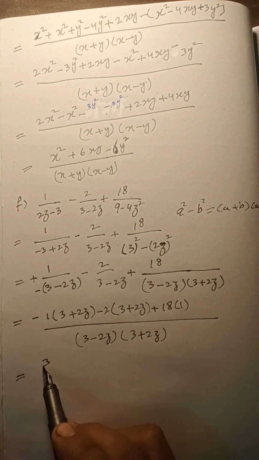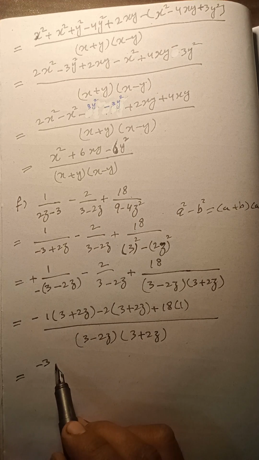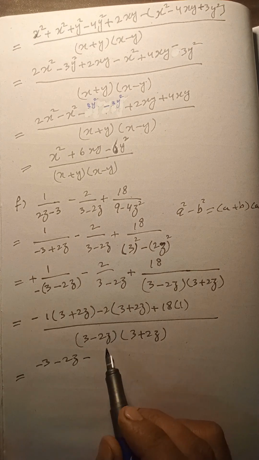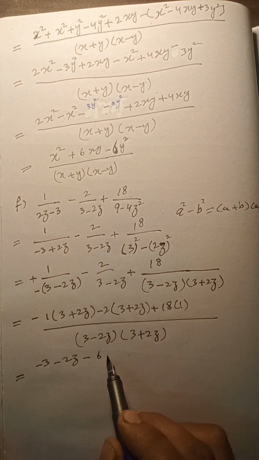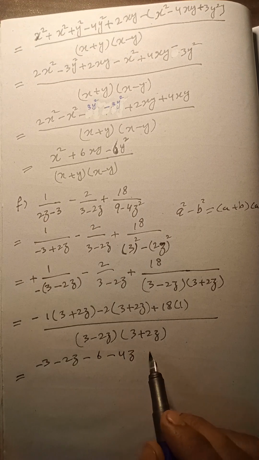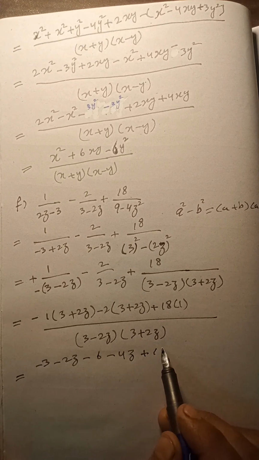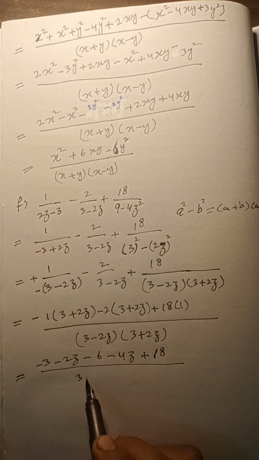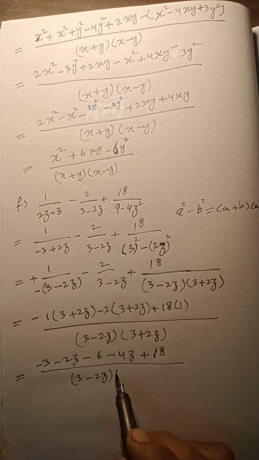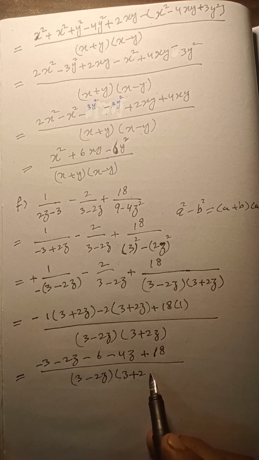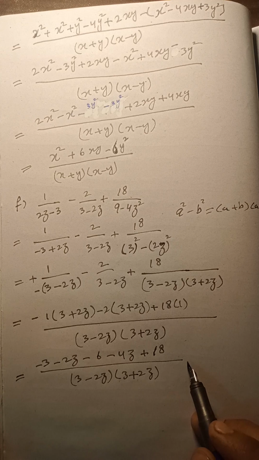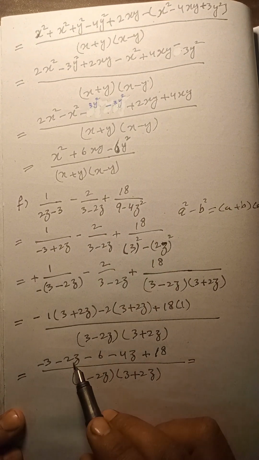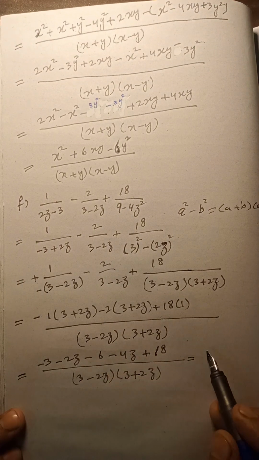1 3 are 3, minus 3 and minus 2z. Due to this minus sign we will change the inner sign. 2 3 are 6. Due to this minus sign, change the inner sign. 2 2 are 4z and plus 18 1s are 18. Now in the denominator we will write the same, 3 plus 2z. Now you can see that minus 3 and minus 6 are the same sign, and minus 2z and minus 4z are the same.